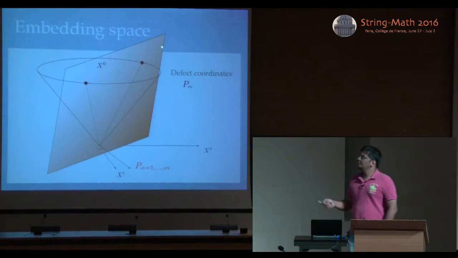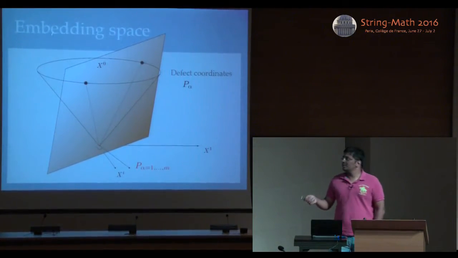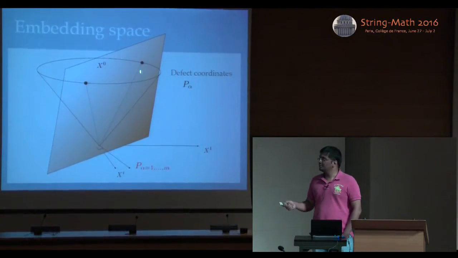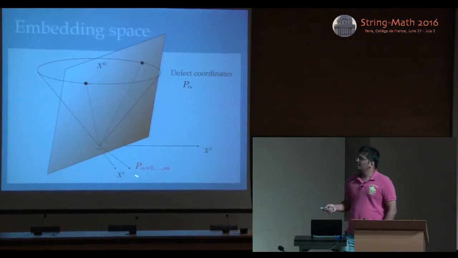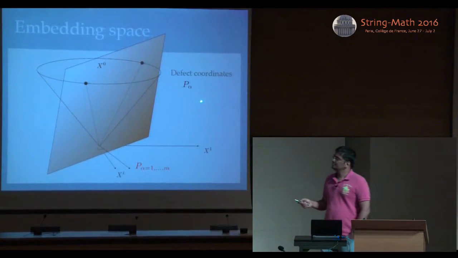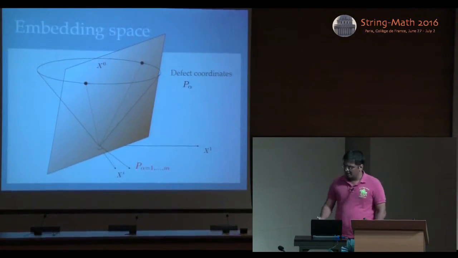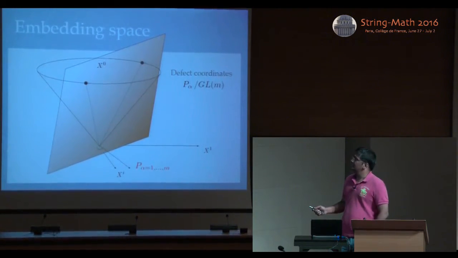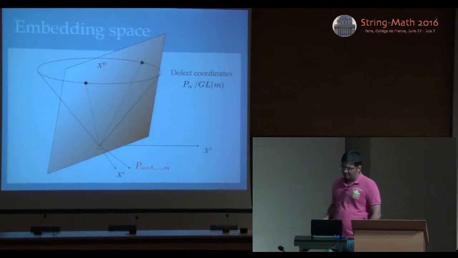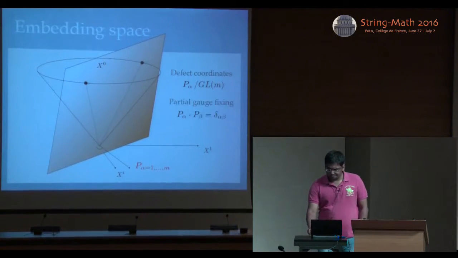So in order to specify the position of the defect, I want to specify the position of the hypersurface in the embedding space, and that I can do by specifying M transverse vectors. So they could serve as the defect coordinates P alpha, but only up to a gauge redundancy GL(M), which redefines the P alpha with a linear map.